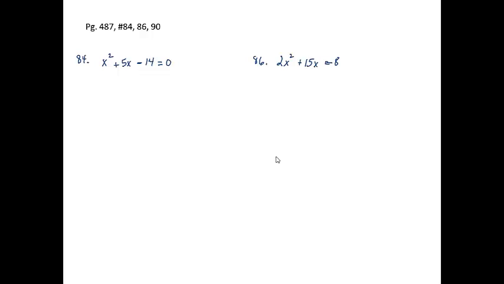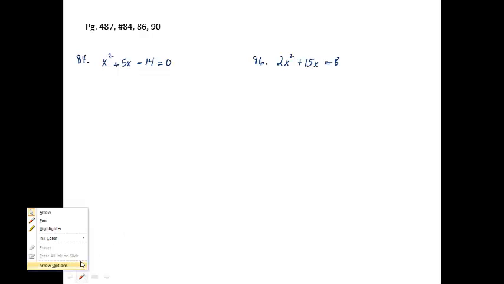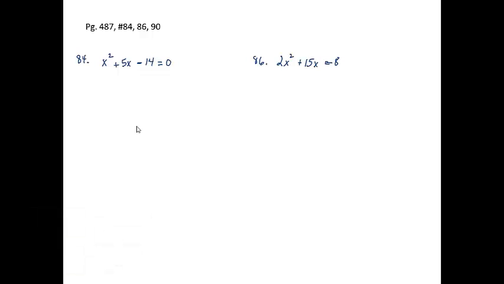So, first things first, let's talk about some steps. When solving these equations, you always need 0 on one side of the equation. So if there is not a 0 on one side of the equation, you must move everything to the other side.